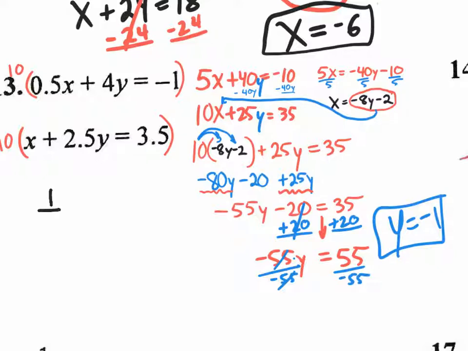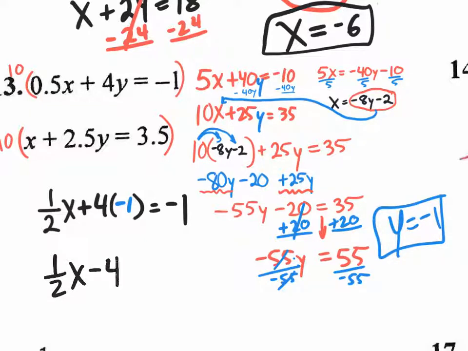So you could have written that top equation as 1/2 x plus 4y, but instead of y, we're going to plug in the -1, equaling -1. So all I did was change the 0.5 to the fraction 1/2, because 0.5 is 1/2. So what we have now is 1/2 x minus 4 equaling -1.